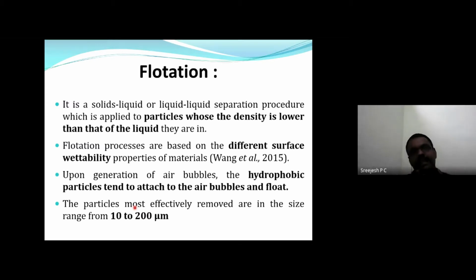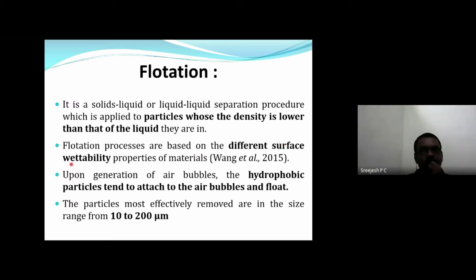So in two ways it is used: for the removal of solid and liquid, or liquid and liquid separation, applied to particles whose densities are lower than that of the liquid they are in. And as I mentioned at the beginning, it is mainly based upon the different surface wettability property of a material.